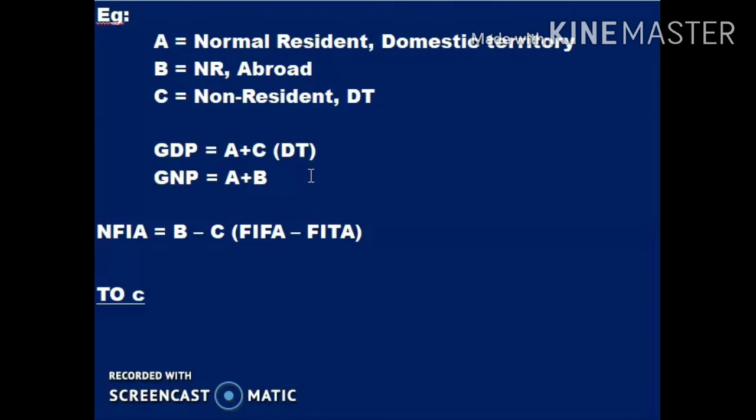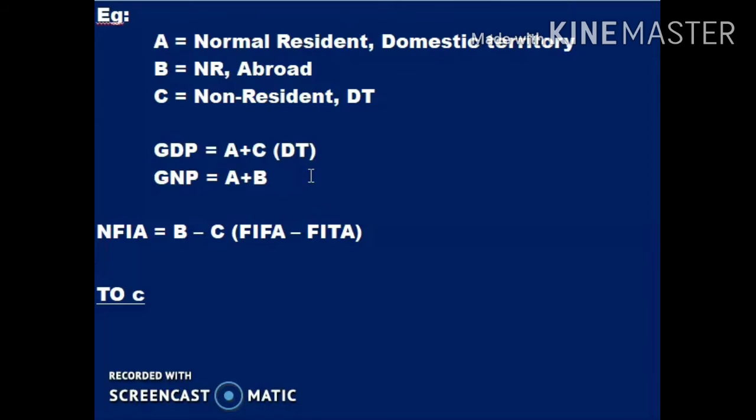Now see NFIA, the net factor income from abroad, which we get by subtraction: B minus C. That is, factor income from abroad minus factor income to abroad.